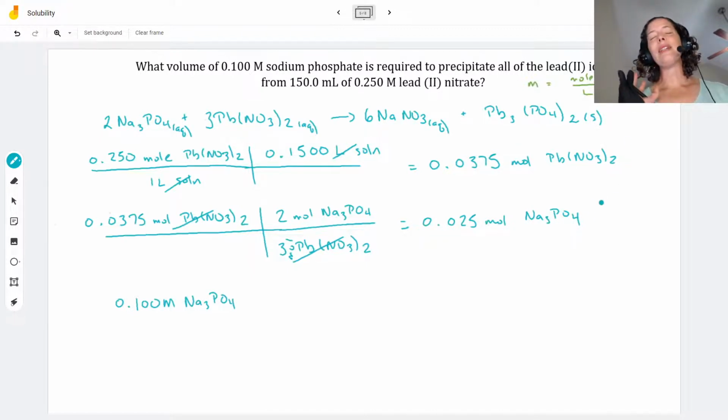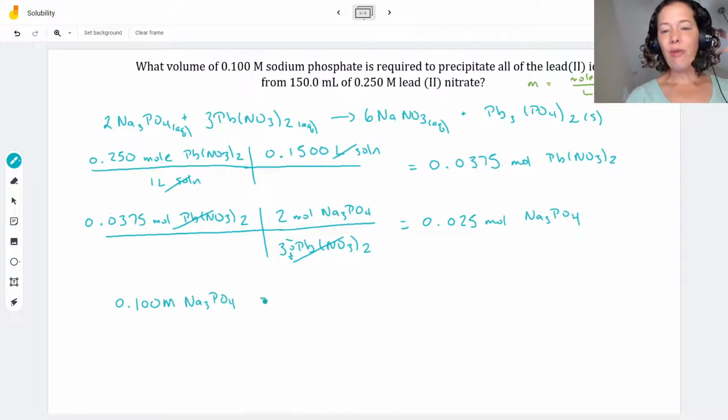I know it takes extra time, and when you're working through a lot of problems, you really want to skip this step, but don't skip it, because almost always students end up using the wrong number of moles. They've actually tried to do the problem right, but they haven't written down their units, and it has unfortunately given them the wrong answer. So make sure you get your units in.